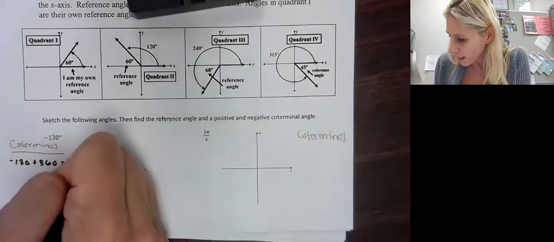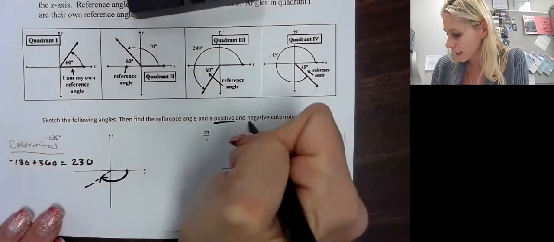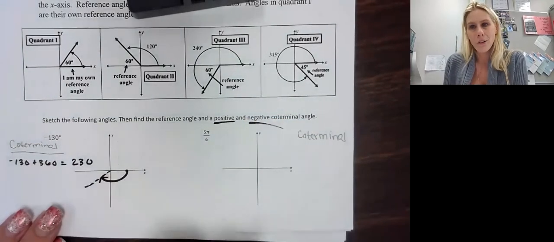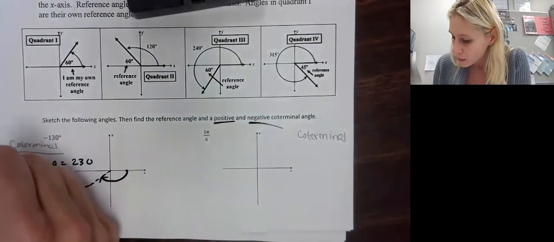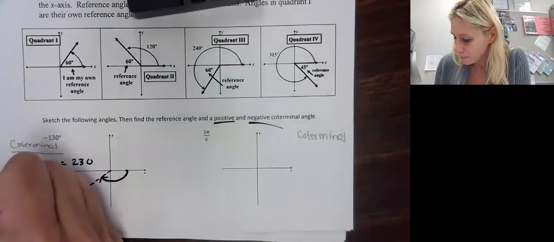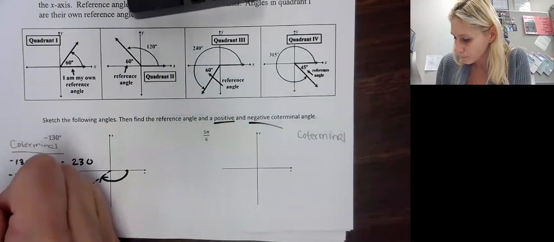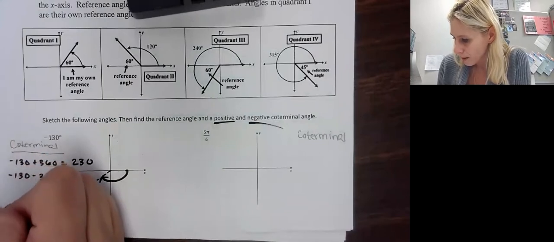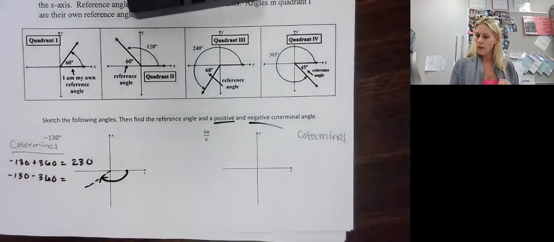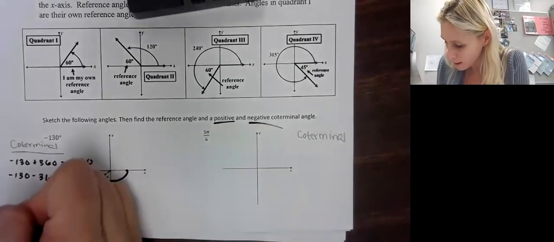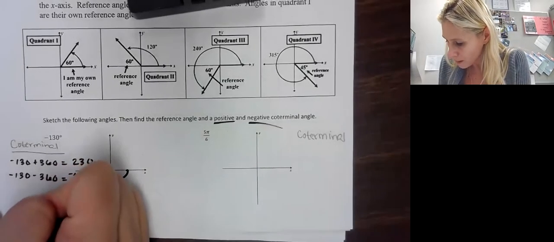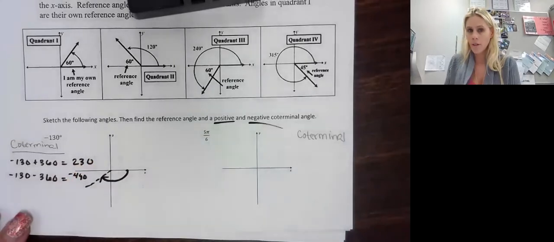Now, if you see the directions tell you to give a positive and negative. If I added another 360 to there, what would happen? We would still have positive. So let's subtract 360. Negative 130 minus 360 equals negative 490. Now, how do we get that reference angle?